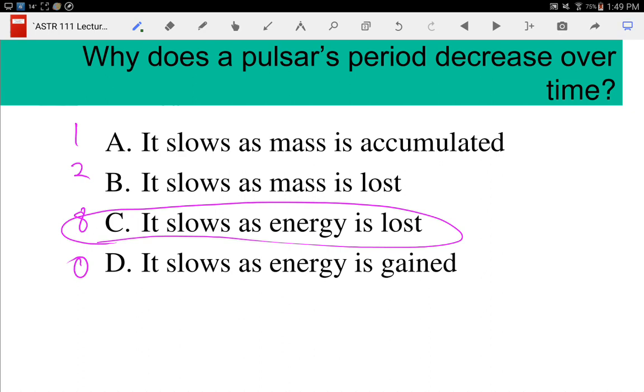If the mass was not part of a solid object, it really wouldn't matter. If mass leaves and it's not a solid object, it's not going to affect what's left. If it's a solid object, then it would. Okay. But it speeds up because of the mass falling in.